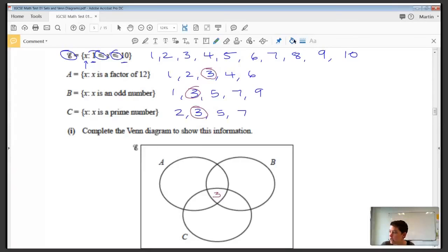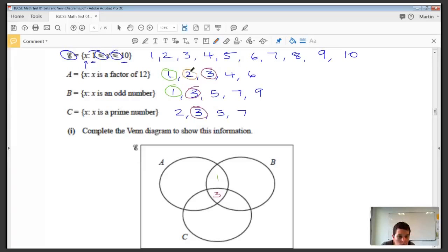So let's change color. If we then go up here, we have what is in A and B. So if we look at A and B together, we have a 1 that belongs in there and nothing else. So the 1 goes in there. Next one. If we go to the left here, we're looking between A and C. So what have we got in A that we also have in C?